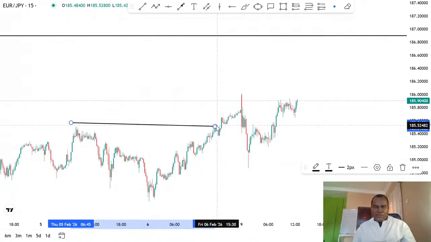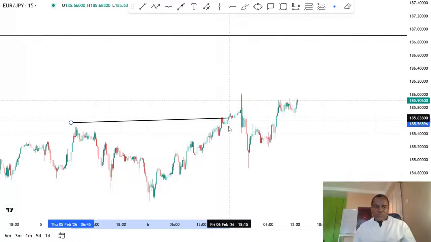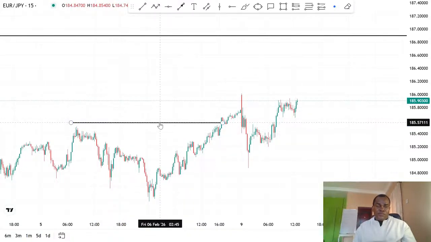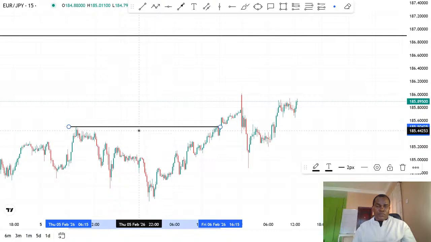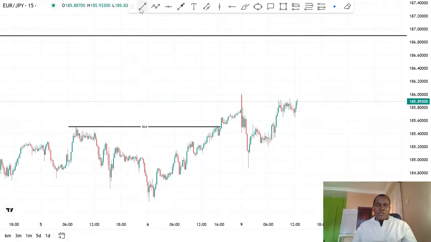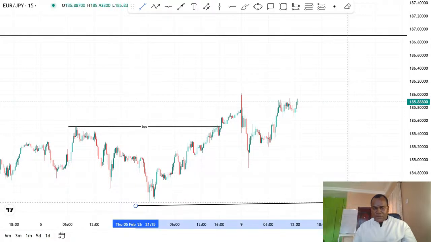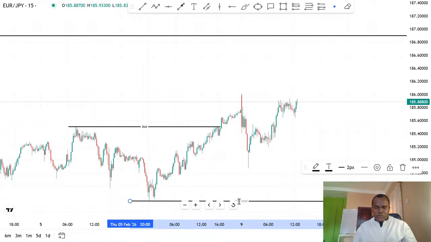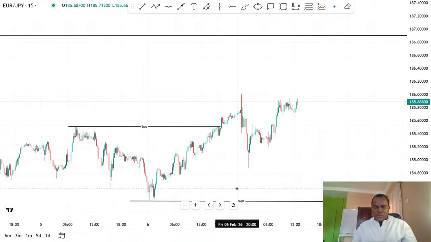We have this break of structure here. We have this break of structure here. And then we have a support down here. All right.